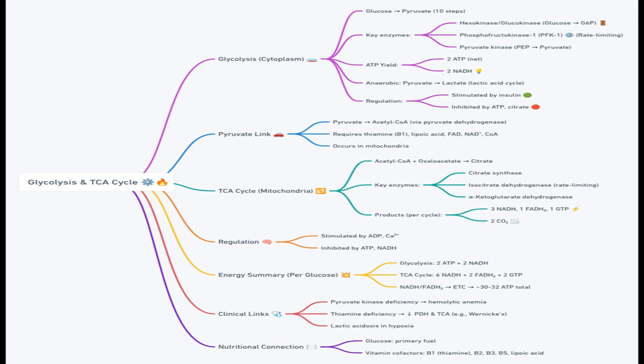It also provides precursors: all the intermediates for gluconeogenesis, the non-essential amino acids, heme synthesis from succinyl CoA, and fatty acid synthesis from citrate. It also regulates other pathways, like citrate inhibits phosphofructokinase.